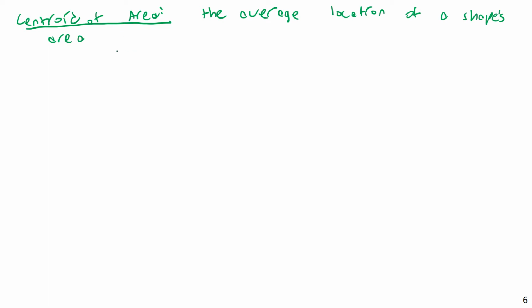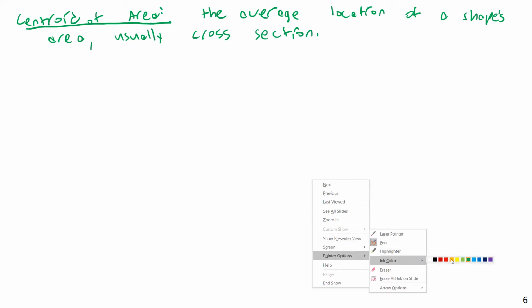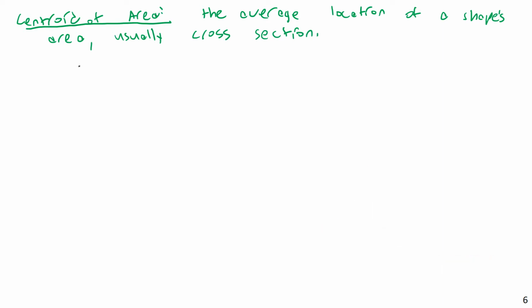What I mean by that in particular is that when I say area, typically I'm referring to cross-section, at least in most civil and mechanical engineering applications. Let's look at this in terms of some basic steel shapes. Let's say you had a wide flange shape that is symmetric about both the x-axis and the y-axis.